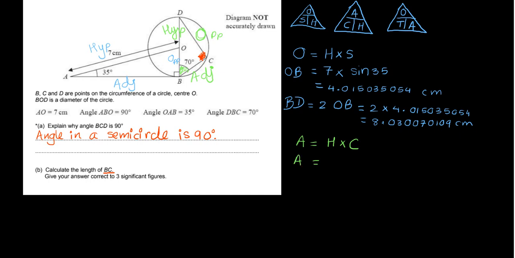The hypotenuse is 8.03, I'm not going to write the whole number now, and I'm going to put some dots to show that I know that number, and then multiply by cos of 70. And that gives me 2.74644573.